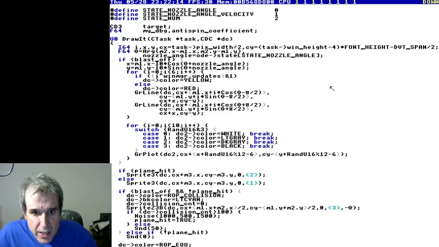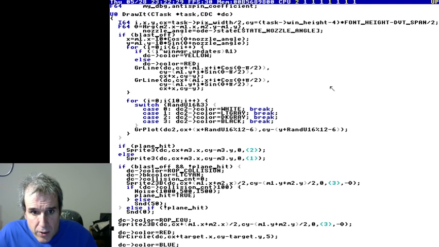If plane is not hit, we turn off sound. If it is blasted off and the plane is not hit, then we play the tone. Otherwise, if the plane is not hit. Okay, so we don't want to turn off.